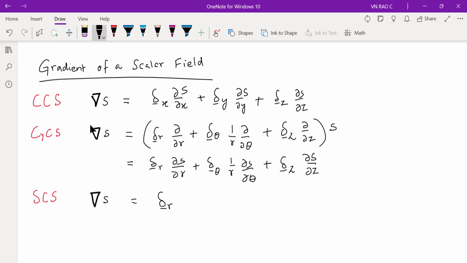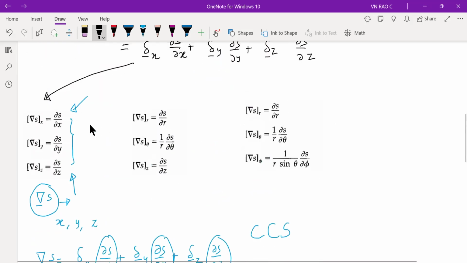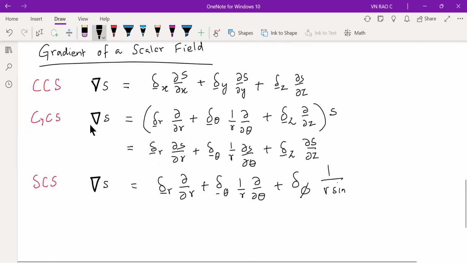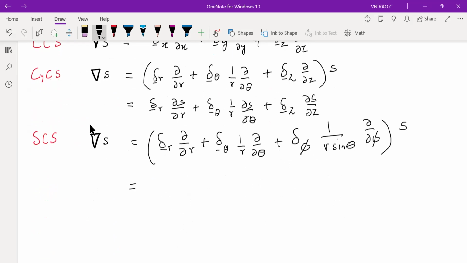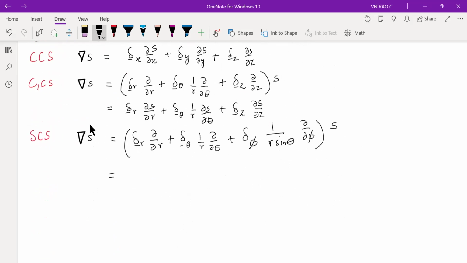This is again dou by dou r, plus dou theta 1 by r dou by dou theta, plus this is very important now, dou phi, 1 by r sine, we have written earlier, right? 1 by r sine theta dou by dou phi. So you should be careful in defining this particular term.